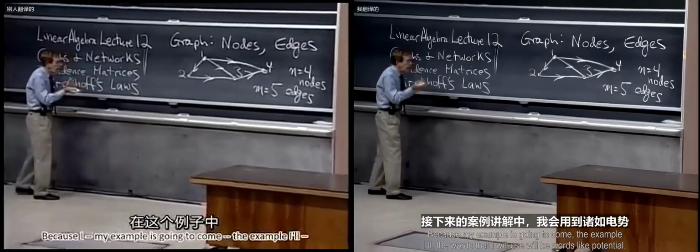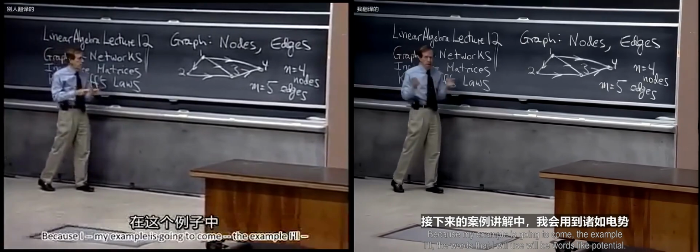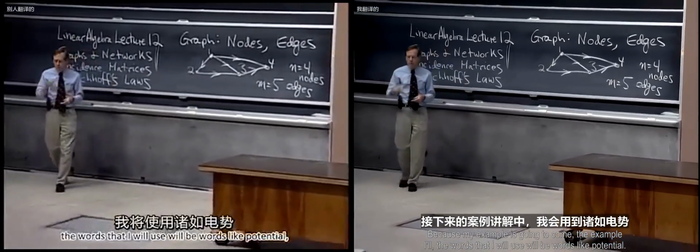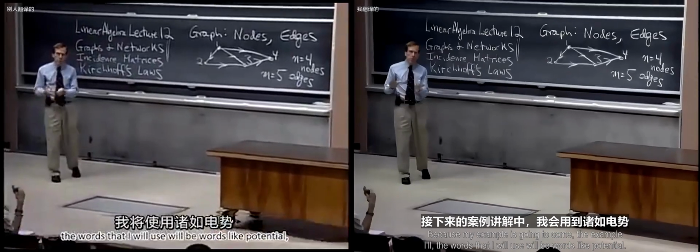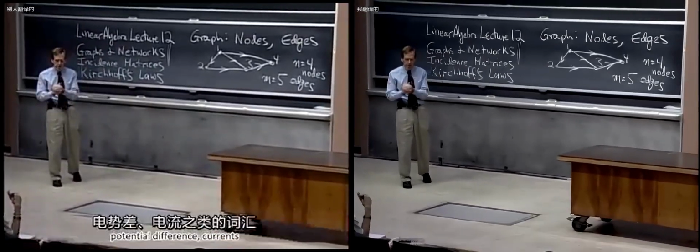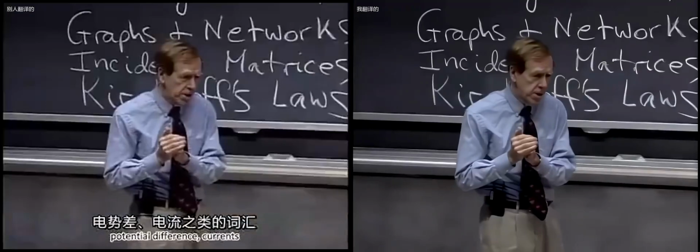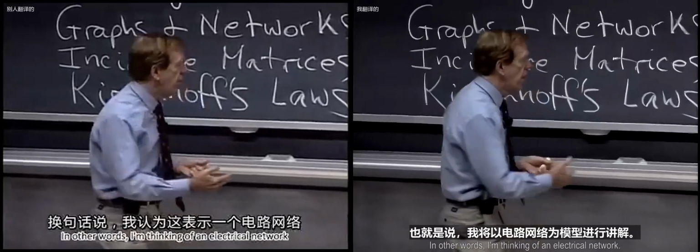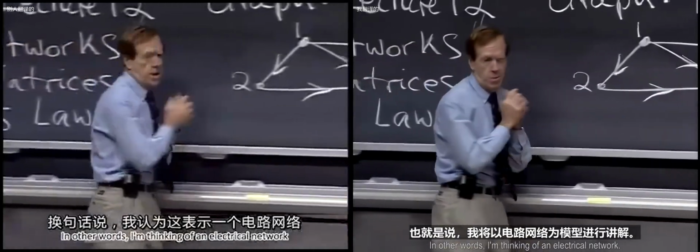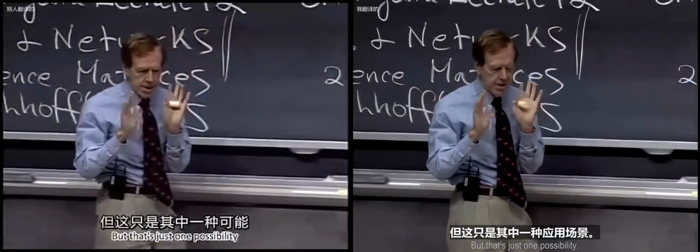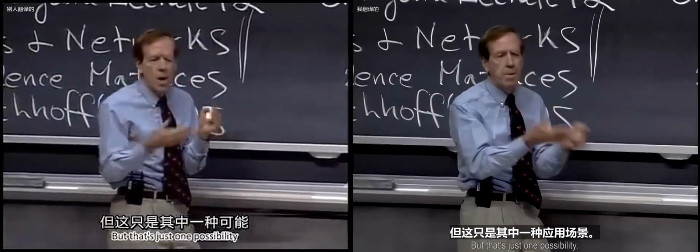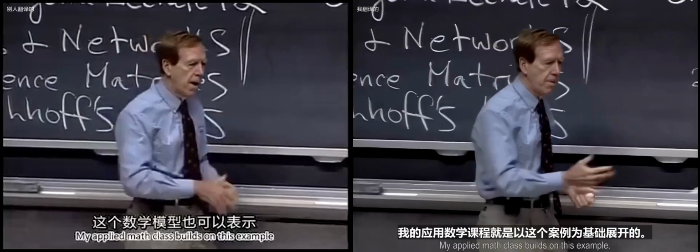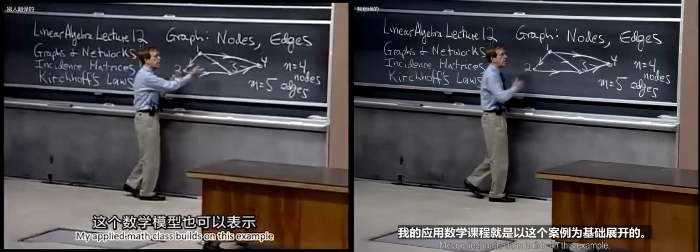Okay, because my example, the words that I will use will be words like potential, potential difference, currents. In other words, I'm thinking of an electrical network. But that's just one possibility. My applied math class builds on this example.